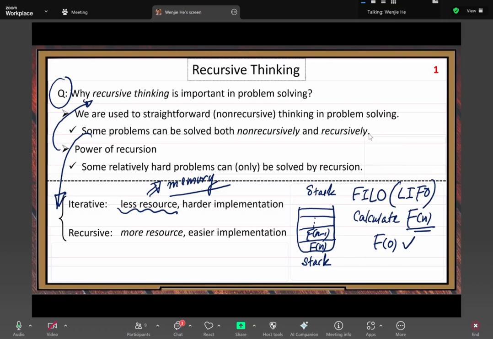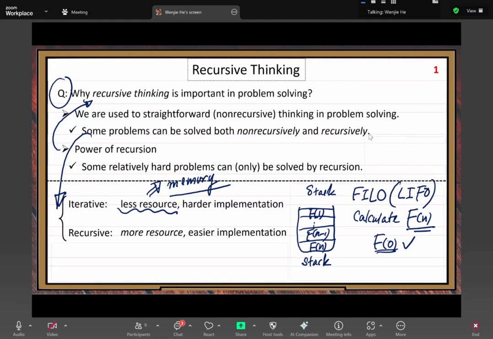So suppose f of 1 is unknown, then you push it into the stack. Next, f of 0 is known, so you don't need to push it. You can use it.